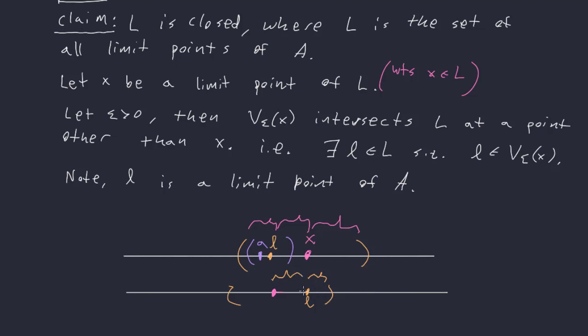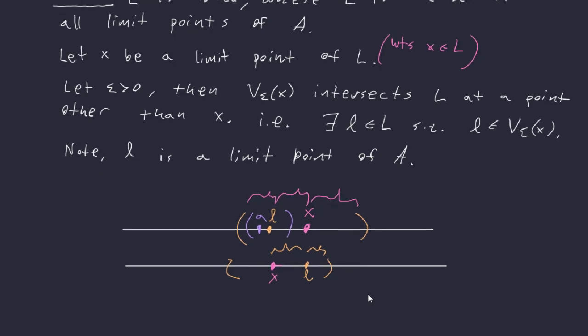So what I need to do is basically take the minimum between the distance between l and X and l and the endpoints, because one of those is going to be the smallest, and then even if I'm still unsure, I could just cut it in half.